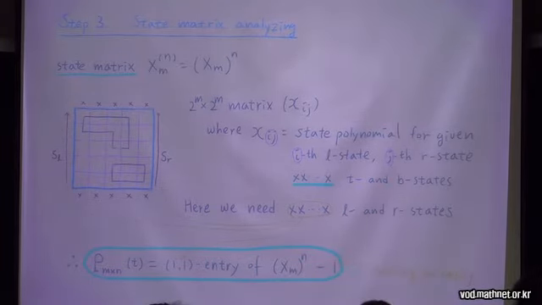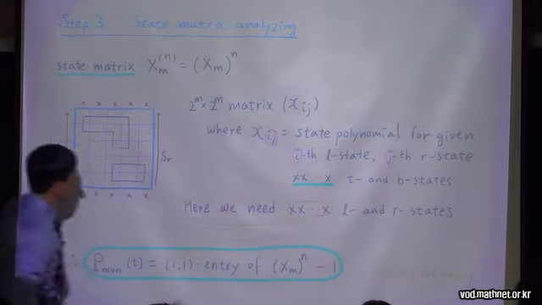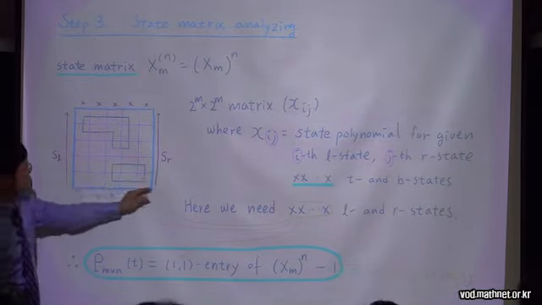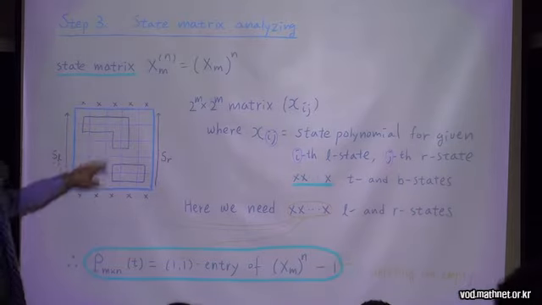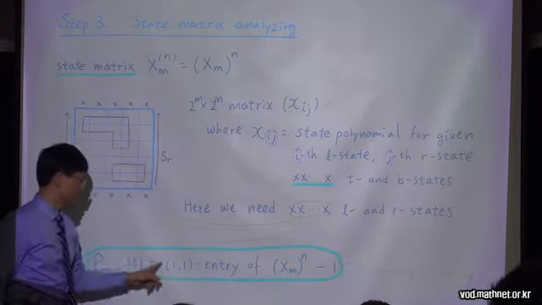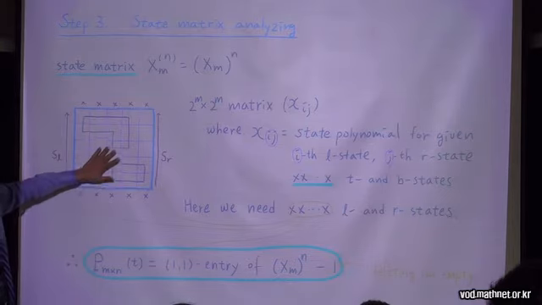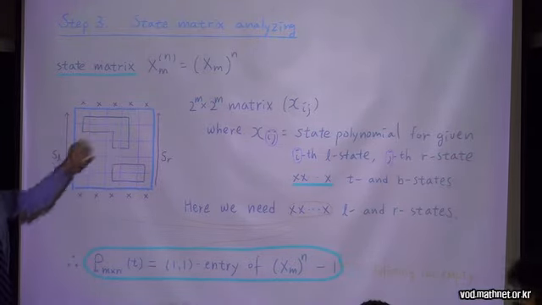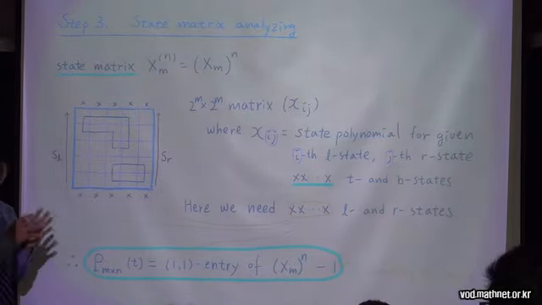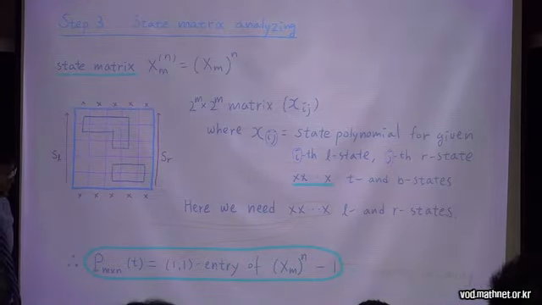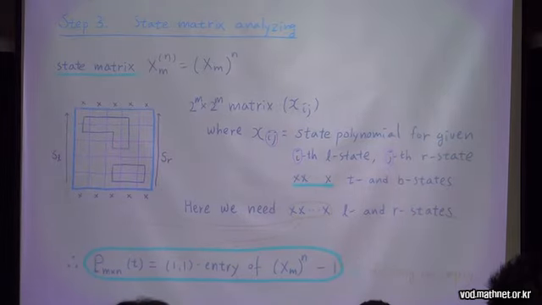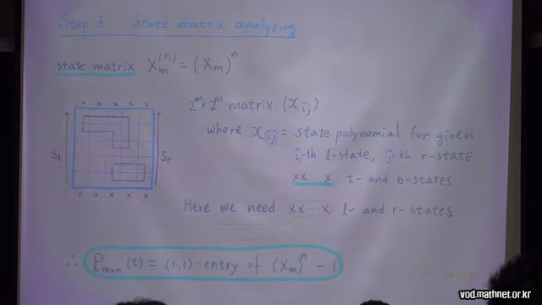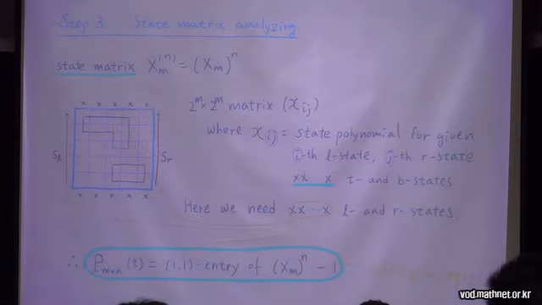That means this entry of the matrix has no connection points on the boundary. Also, this state polynomial contains the trivial one, that means no graphs inside. But we don't want that, we don't want no graph inside. So we have to subtract 1 here. So that's the total number of multiple self-avoiding polygons in the m times n matrix.